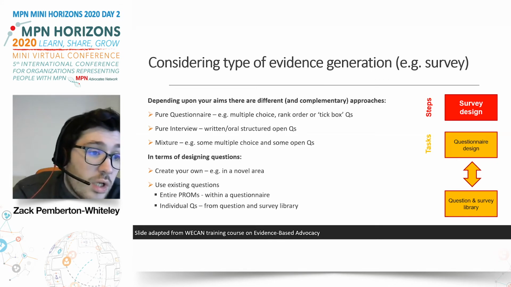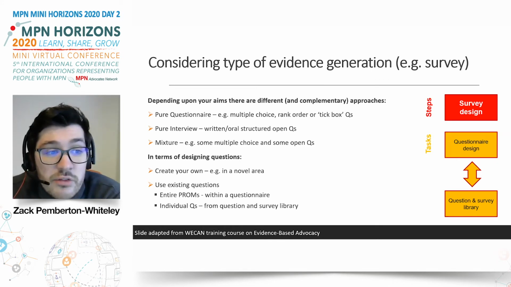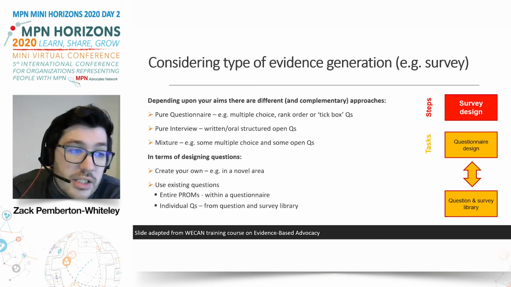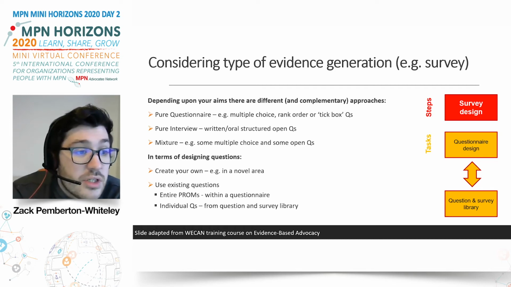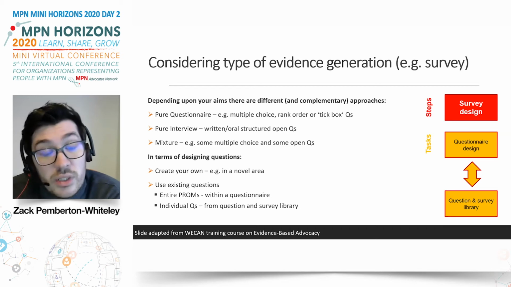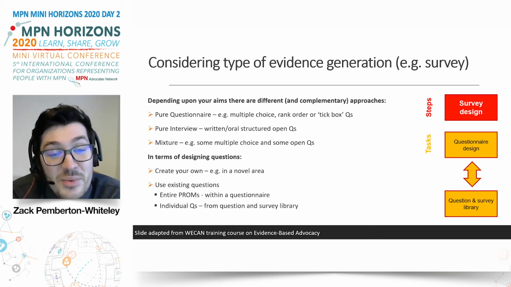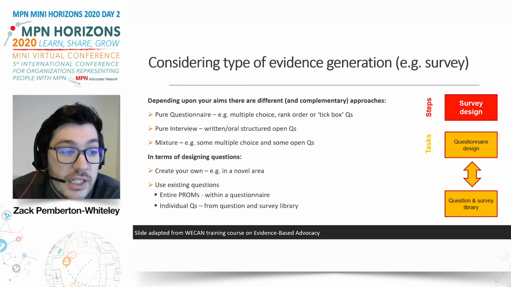Clearly, if you're looking for qualitative information, an interview with written open questions is going to be the best type of approach. But as I say, usually I try and stick to a mixture of them. In terms of designing the questions, sometimes you will have to design your own because nobody will have run a survey in this area before, and that's quite common for a patient survey.